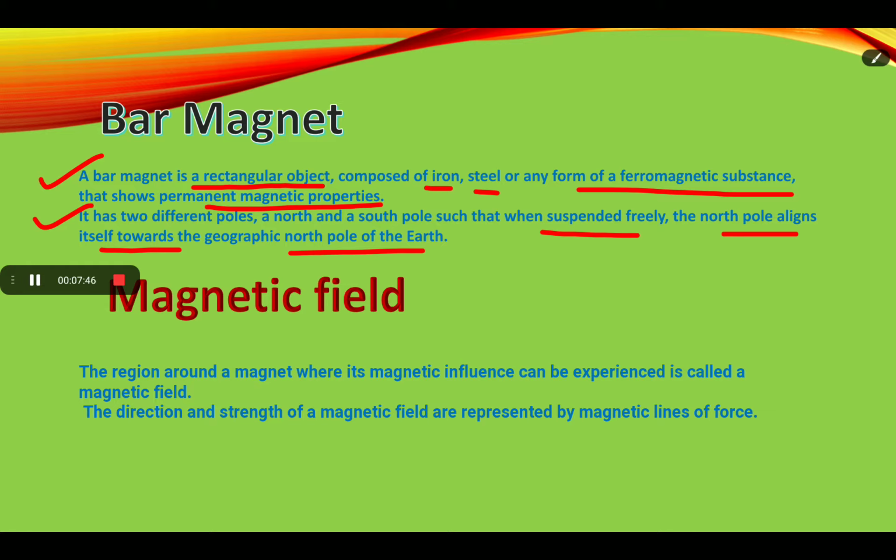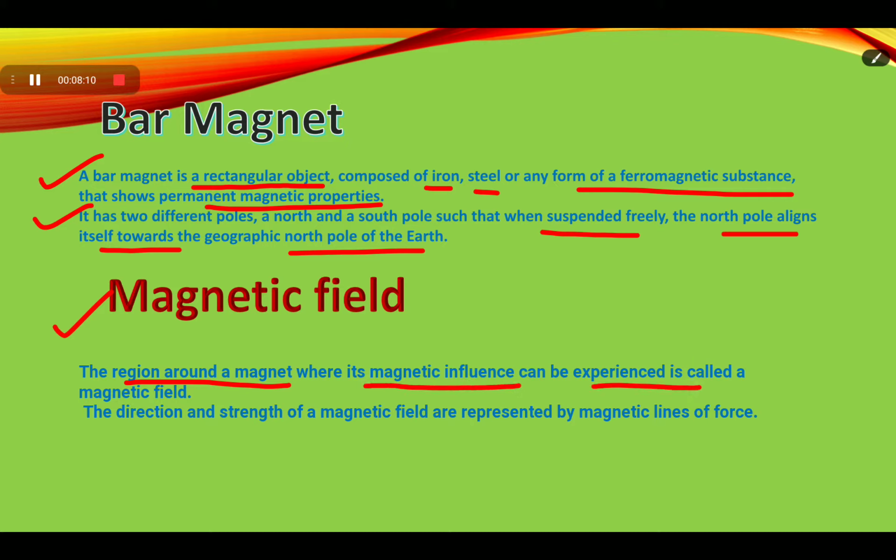Now, the topic is magnetic field. What is a magnetic field? The region around a magnet where its magnetic influence can be felt or experienced is called the magnetic field.